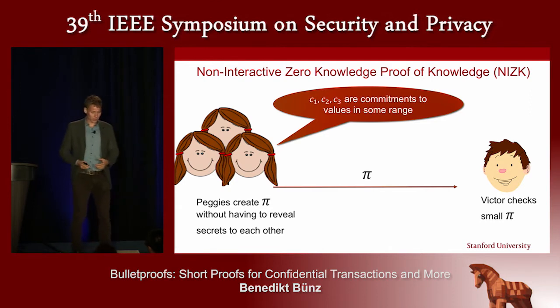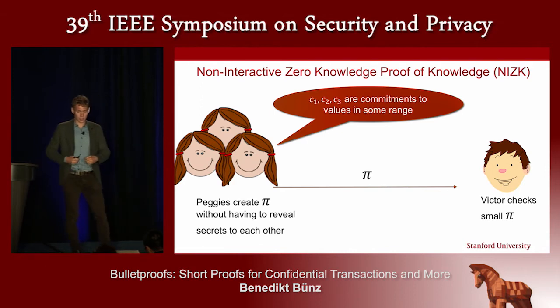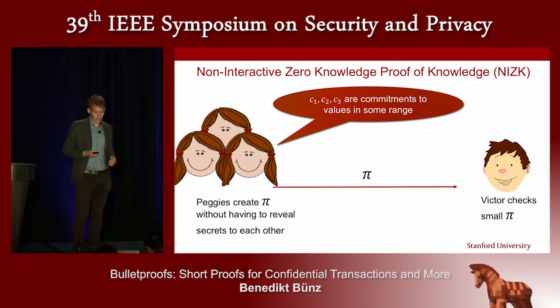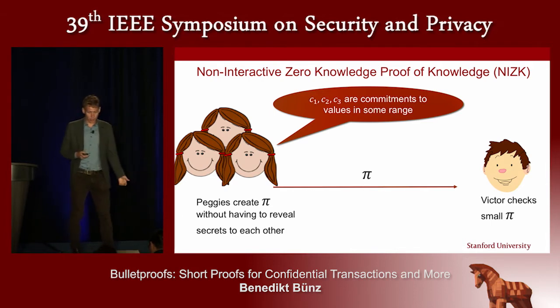Say we have these Peggies here who all want to prove that their Bitcoin transaction is valid. So they all want to prove that their commitments are in a certain range. But they don't want to reveal the secrets to each other. They don't want to tell the other Peggy how much they're sending. So how can they do that?